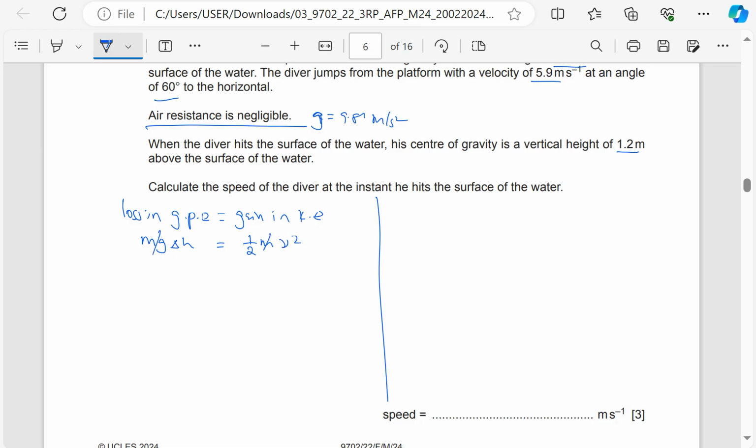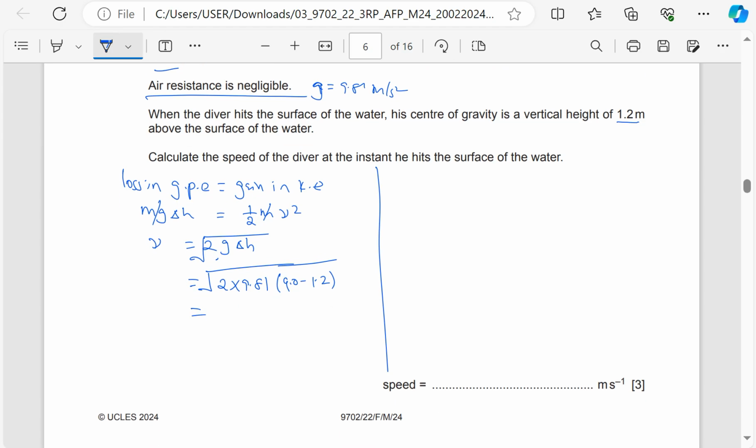So m cancels out. I want v, so v is going to be the square root of 2 times g times change in height. So this will be the root of 2 times 9.81 times the change in vertical height, remember it was 9.0 minus 1.2.